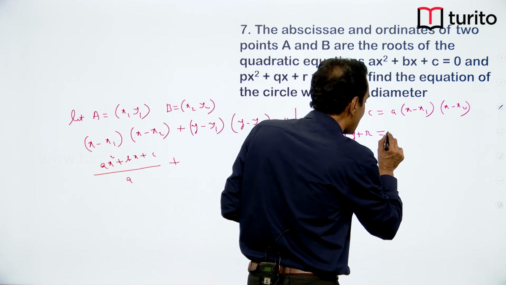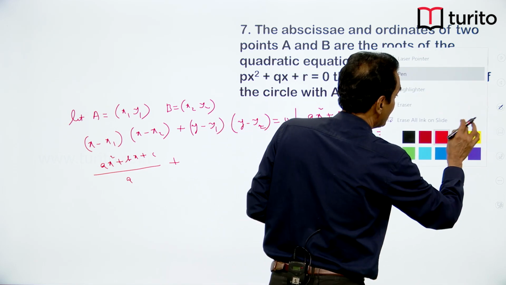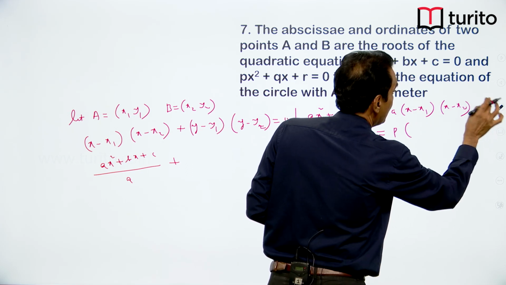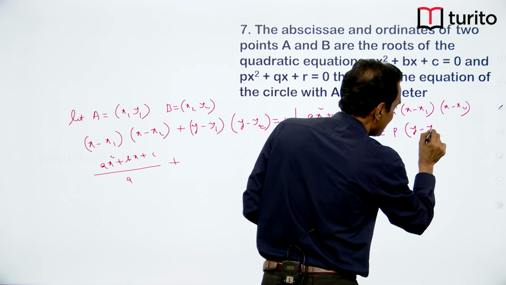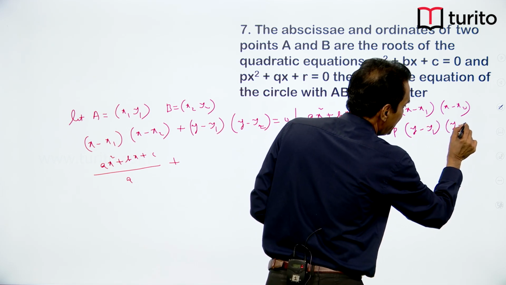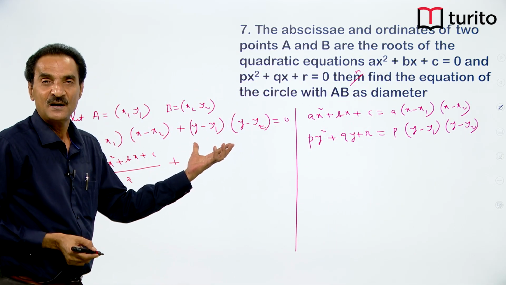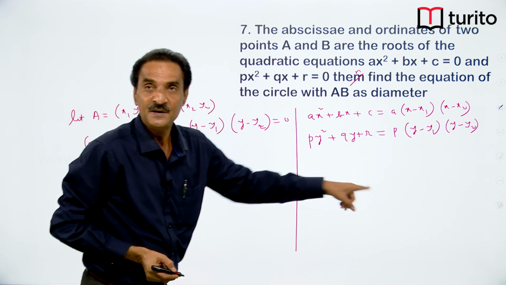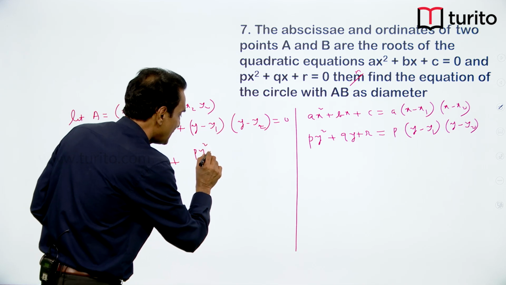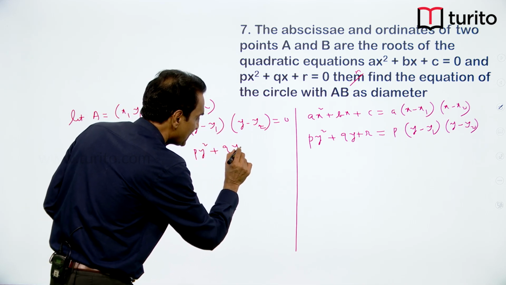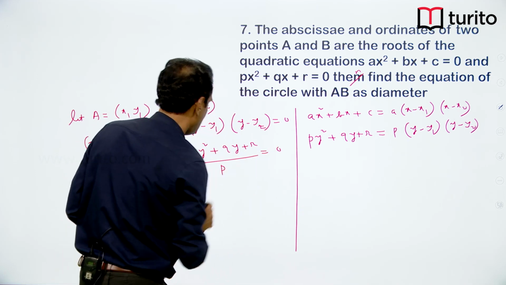So, this can be expressed as p into y minus y1 into y minus y2. So, what is the second term of this formula? It is this divided by p. So, you will get py square plus qy plus r divided by p is equal to 0.